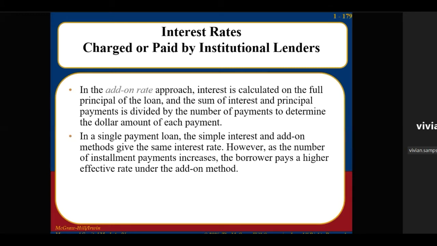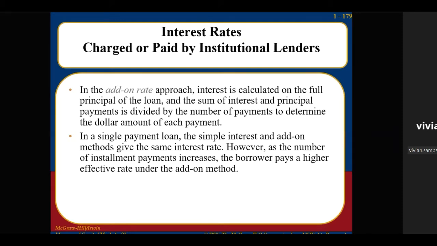So the interest is being charged on the principal, but not on the reducing balance. Normally, when you go for a loan from a bank, the interest is charged on the reducing balance method. But with the add-on rate, it is not like that. So even as you are paying the principal, the interest is the same. Then they also divide the principal over the period for you.